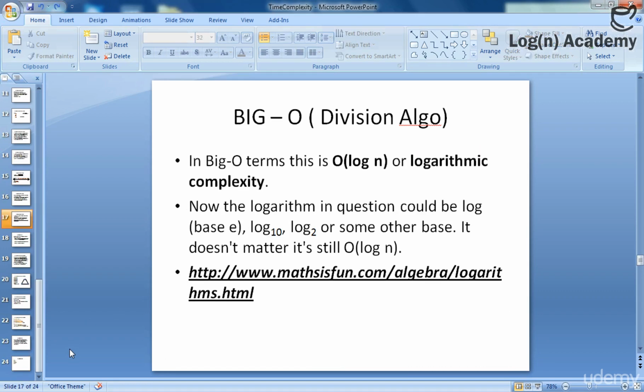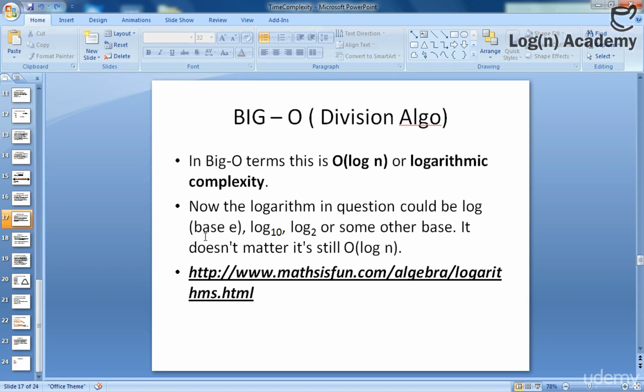So what is the complexity now? The complexity is logarithmic. So the bigger term is O of log n, or you can say logarithmic complexity. Now, with logarithms, we know that a logarithm works on a base, which could be 2 or 10 or 5, whatever you want.